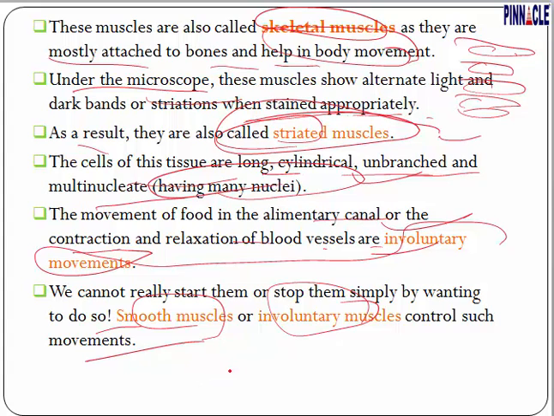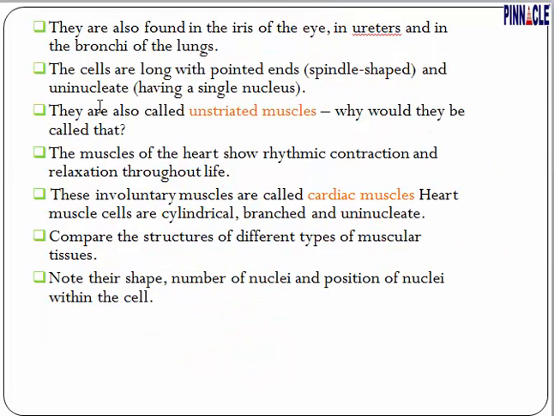Involuntary means not under our control. They are also found in the iris of the eye. You can say muscles are there in the eyes, but these are not under our control.